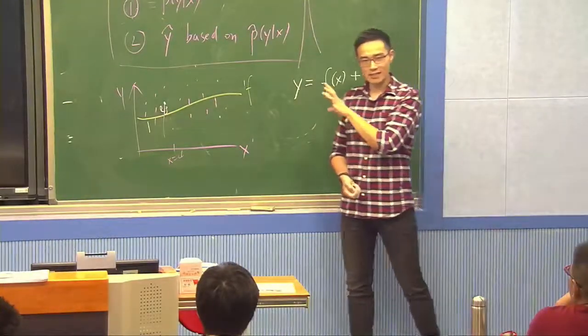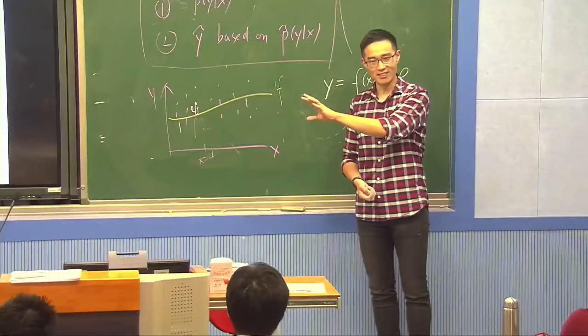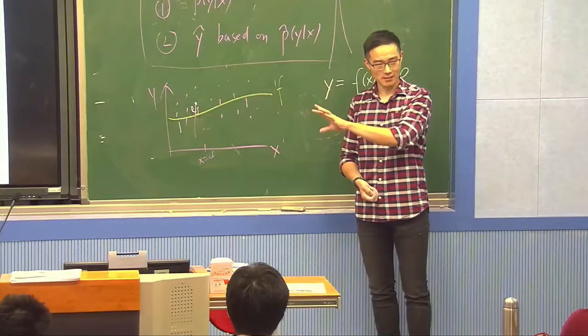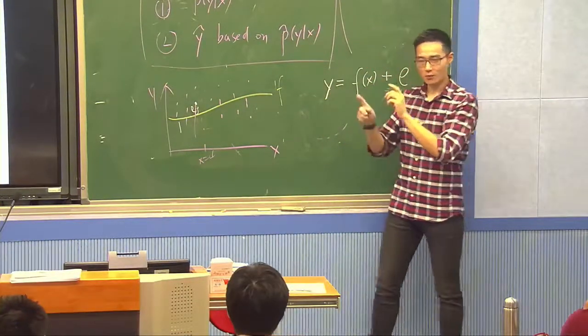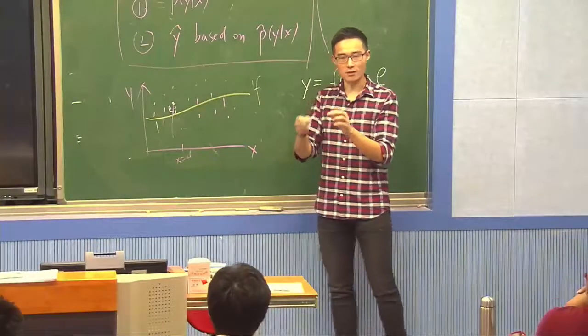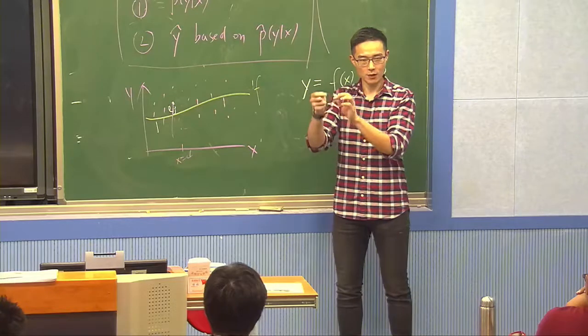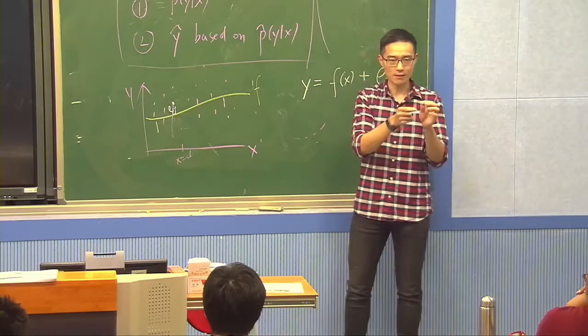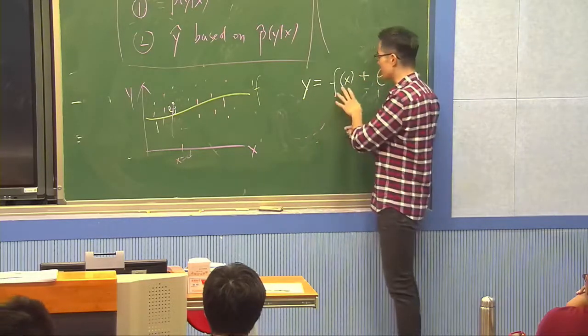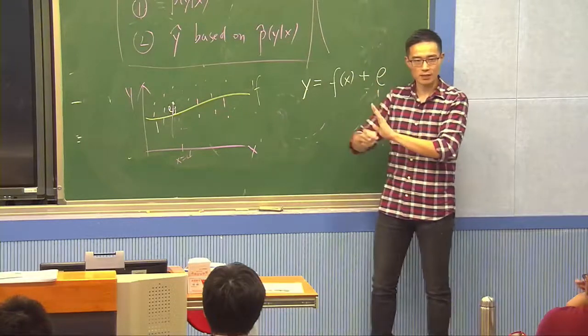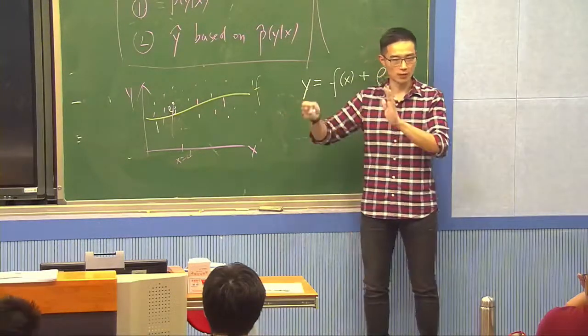Now, this sounds almost exactly like what we did when y is noiseless. But there's a fundamental difference. When y is noiseless, I know there's a true underlying f that links x to y, so y is completely determined by this f. Here, this f is not some pre-existing underlying true relationship.